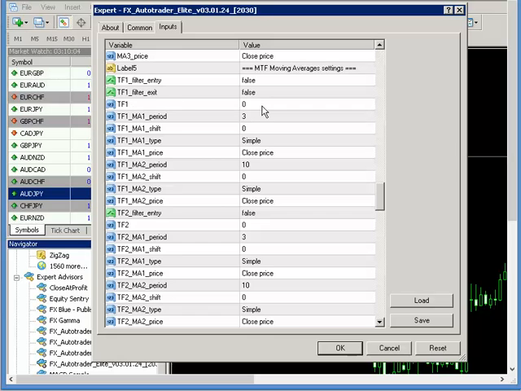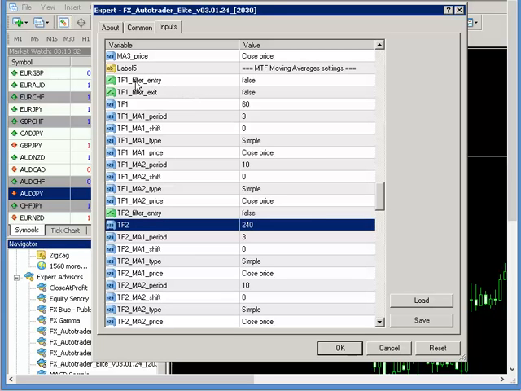You would specify the period here, for instance, to 60, having set these obviously to true. TF2, you might want to set to a different time frame. If you set that to true, you might do this at 240 and set your different MAs for that.